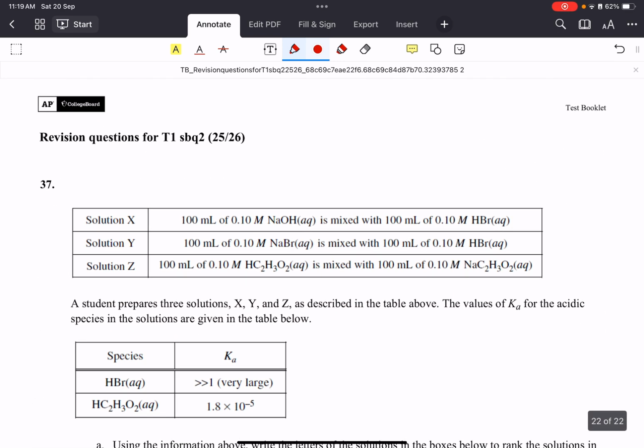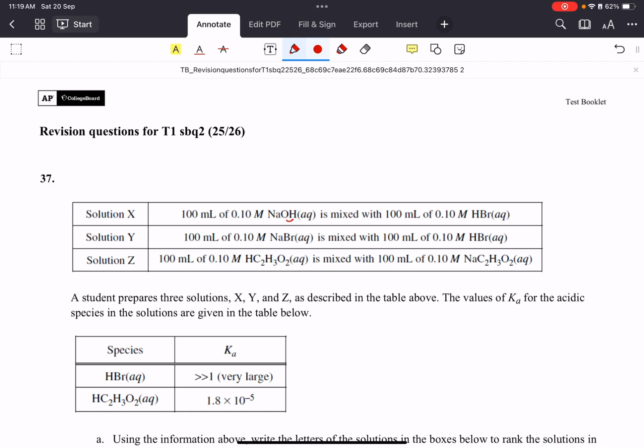Finally, the last question in the free responses. We have a solution X of a strong base mixed with a strong acid in equal amounts, which makes X a neutral solution.